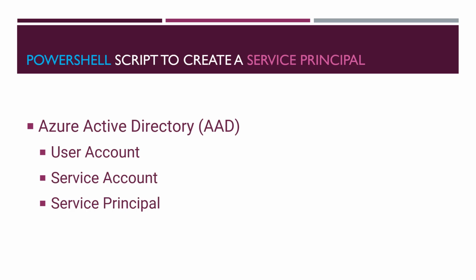Another way of using an authentication mechanism for service principal is to use what's called a certificate. Very similar to an SSL certificate. Not exactly, but just to use the term certificate so you could try to wrap your head around it a little bit better. So you have two authentication mechanisms on the service principal, that being the secret as well as the certificate. In this video, we're going to show you the secret.